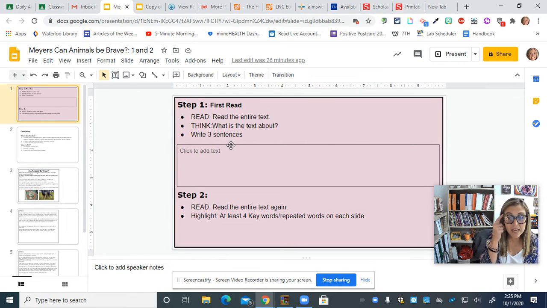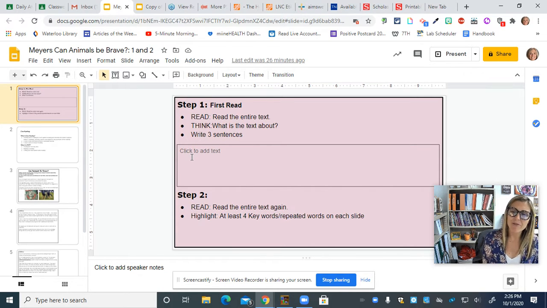And then you're going to think, what is this text about? And then you are going to write 3 sentences, just what you got from this article. What was it about? I'd be curious to see your thoughts. Do you think that animals can be brave? Or if they are not brave, do they just act on instinct?